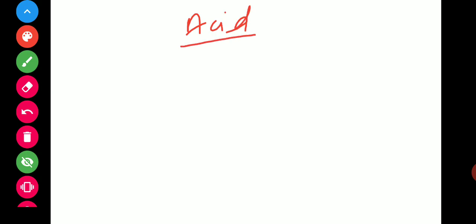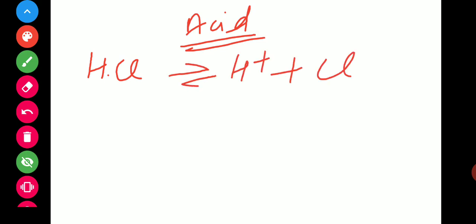What are acids? According to Arrhenius theory, those substances which give hydrogen ions in solution. Suppose it is HCl, hydrochloric acid. It gives H ions and chloride ions.